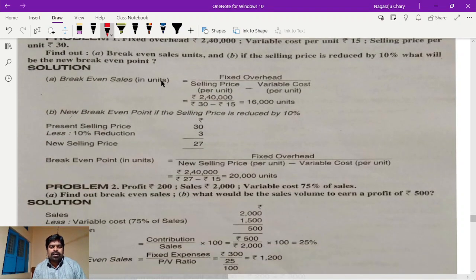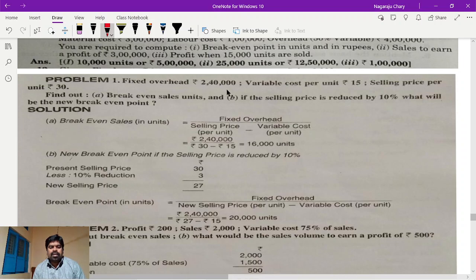Here you see fixed cost is given as 2 lakhs 40,000. First we have to know what values we have been given, whatever information has been provided in the problem, and with the help of that, we have to go. So first, break even sales in units.